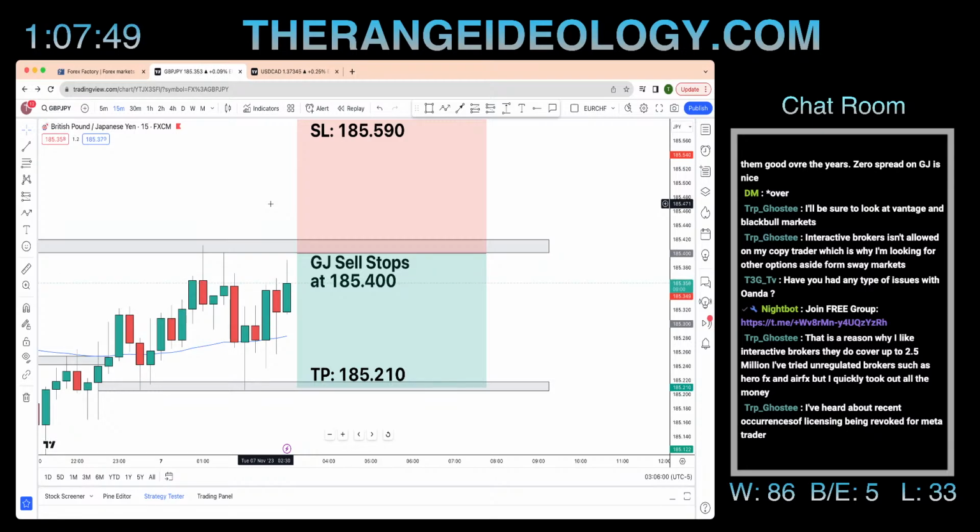Oh wow, GJ's just been stuck in the 8 to 10 pip zone here. It slightly breaks out, maybe a couple pips above or below that consolidation zone, but it does not do much. And unfortunately, that's where we've been stuck. But nothing new.